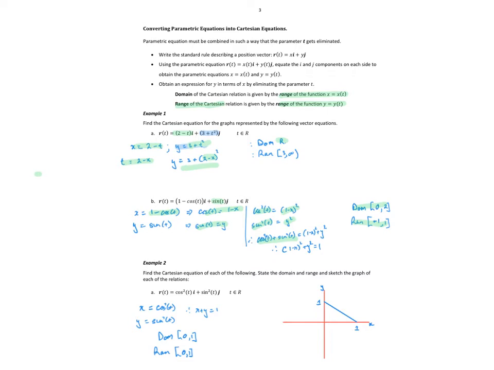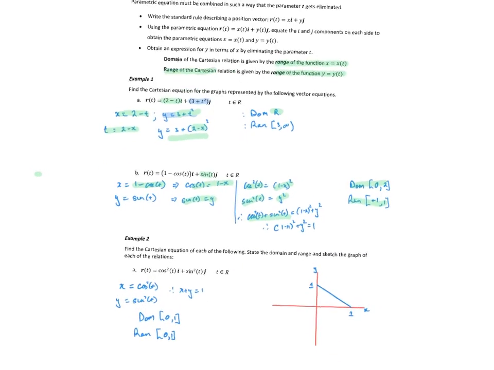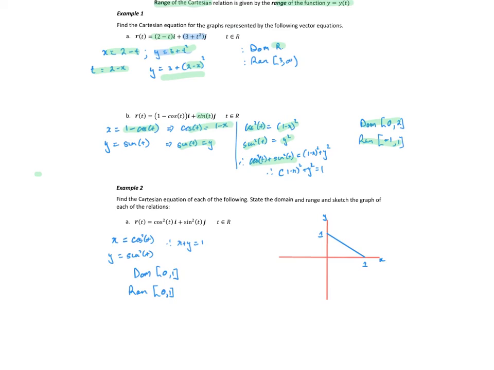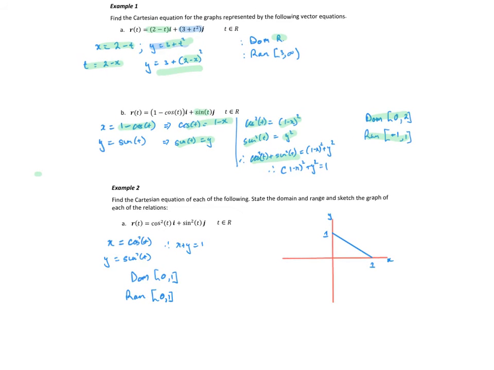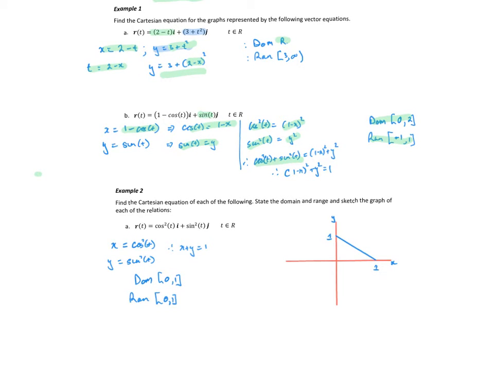Let's keep working through. So find the Cartesian equation, state the domain and range, and sketch the graph. So again, there's cos squared there already and sine squared there already. So x plus y, which is sine squared plus cos squared, is equal to 1.